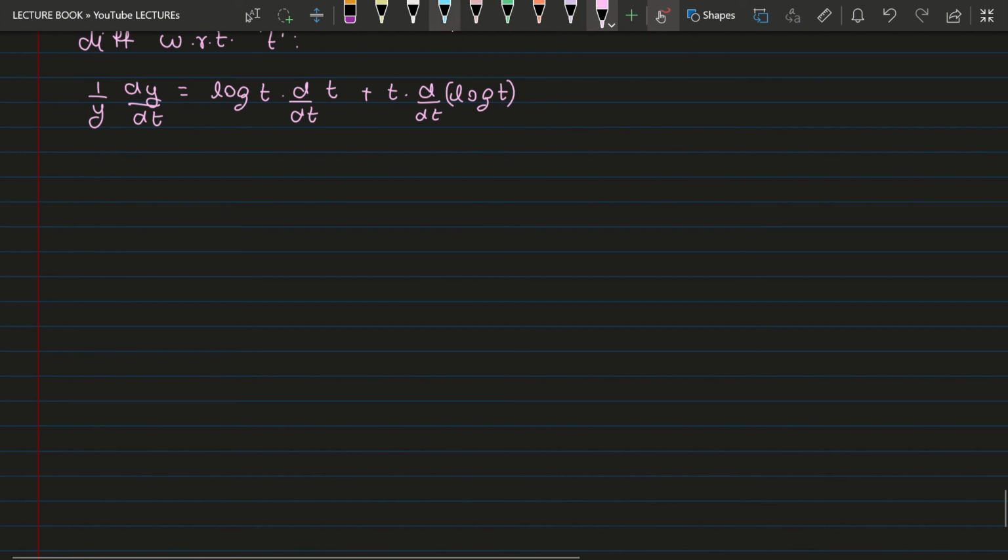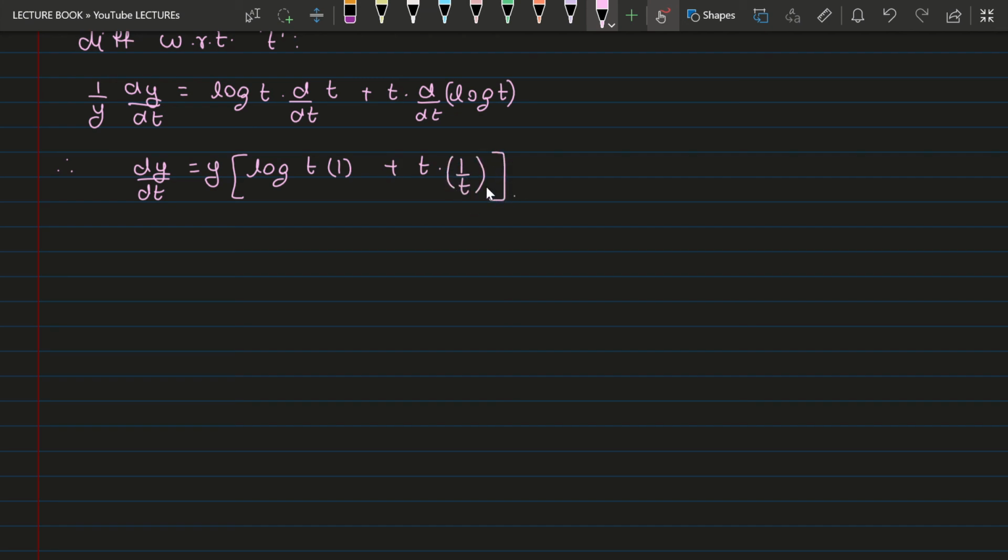Now over here, because we are interested in dy by dt, we cross multiply this y over here and this becomes log t into 1 plus t into 1 upon t. So students, if you see carefully, this t and t element will get cancelled off. You get dy by dt is equal to y into log t plus 1.